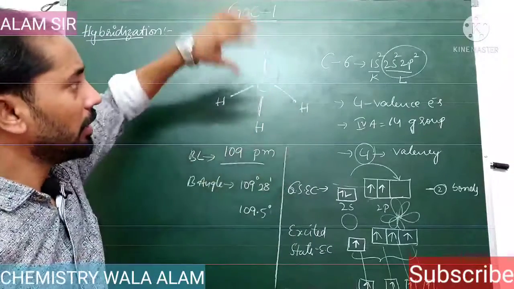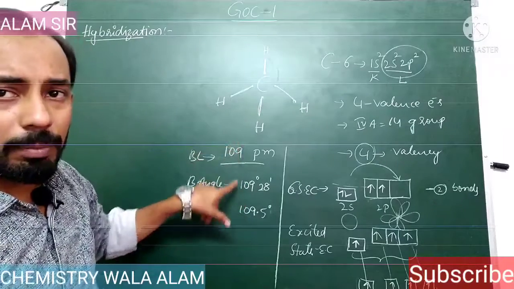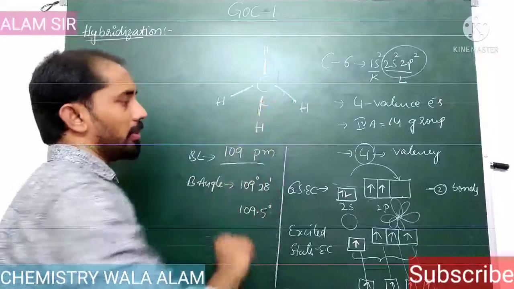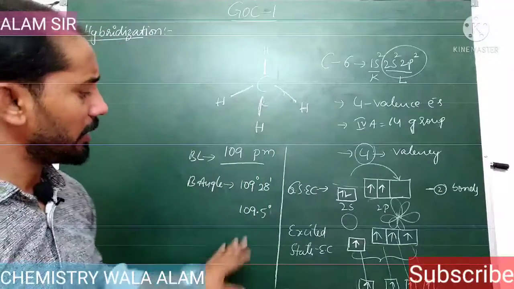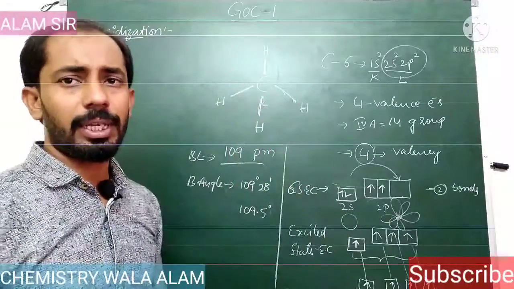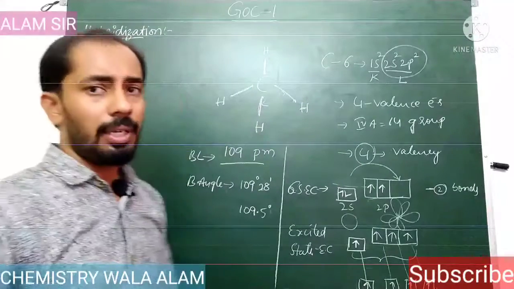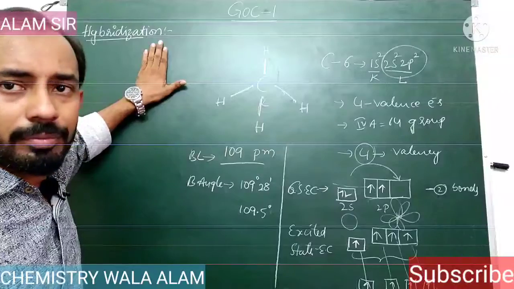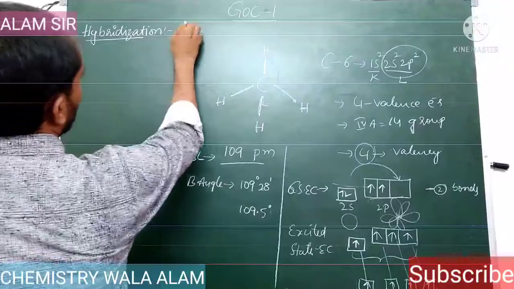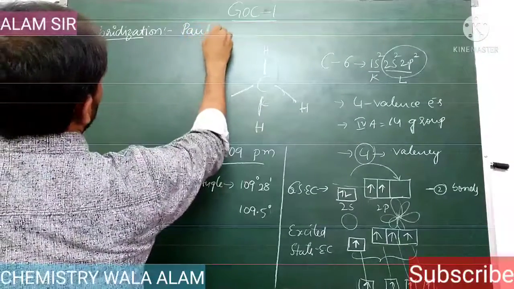But experimentally all bond lengths are the same, and the bond angle, which is the angle between 2 bonds, is also the same between any adjacent bonds. This concept was explained by the concept of hybridization, which was given by Linus Pauling.